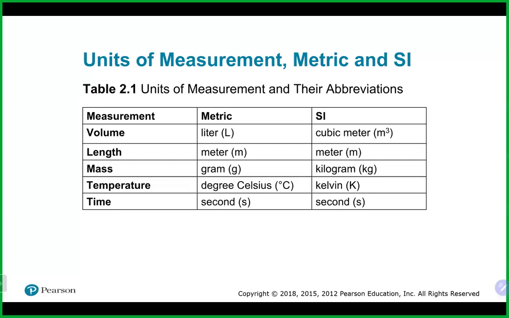I can't tell you how many people have come up to me over the years and I ask something like, what was the mass of your beaker? And they go 52.55 milliliters, which is a volume, not a mass. So these are things that you want to make sure that you understand, what the unit represents in terms of the type of measurement that you're taking.